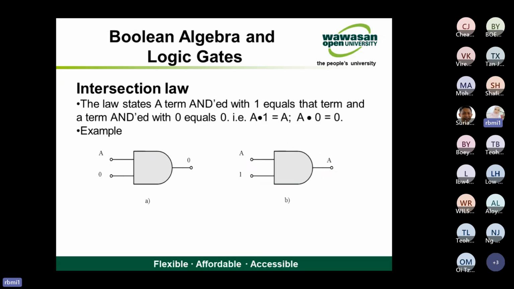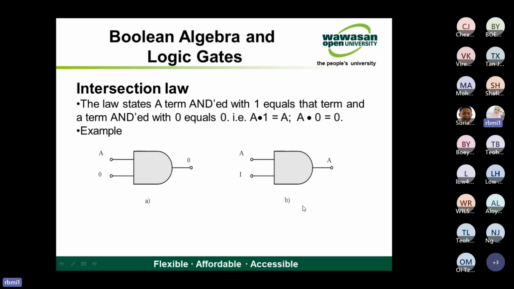Next one we have the intersection law. The law states that a term AND with 1 equals that term, and a term AND with 0 equals 0, meaning that if we have 0, 0 AND it equals 0. If it is multiplied with any 1, this unity, then we get the original condition back.